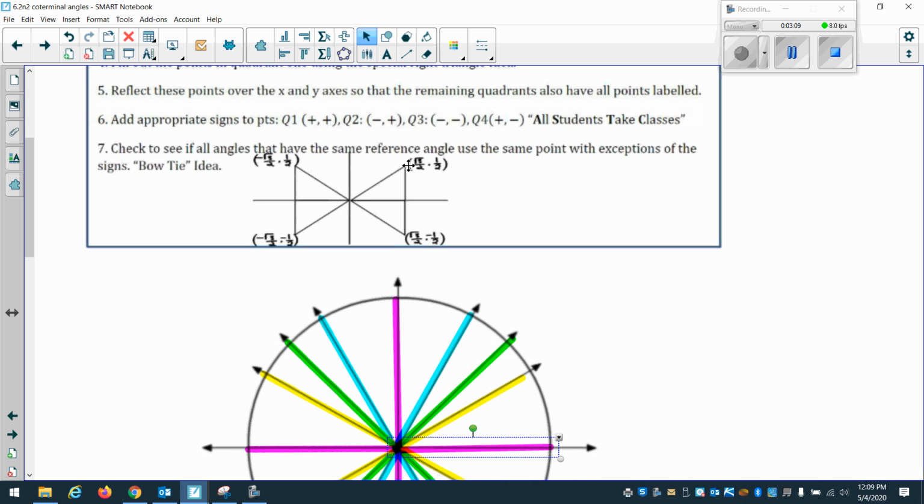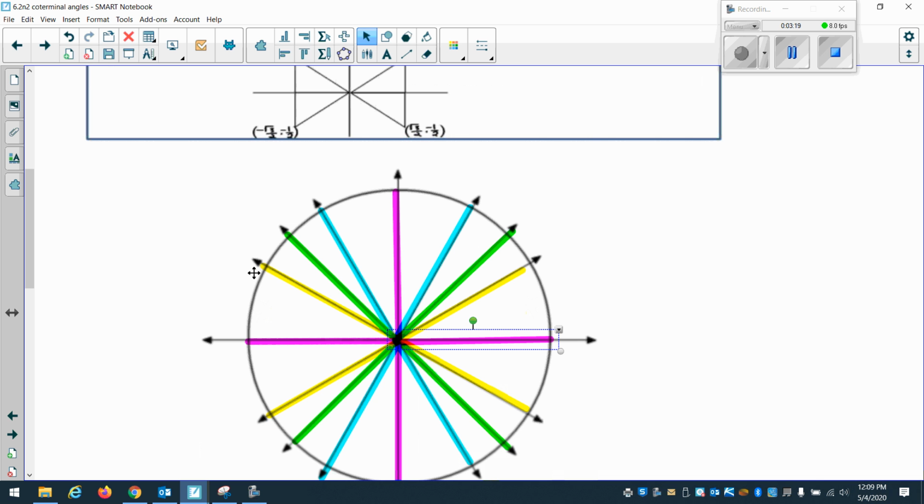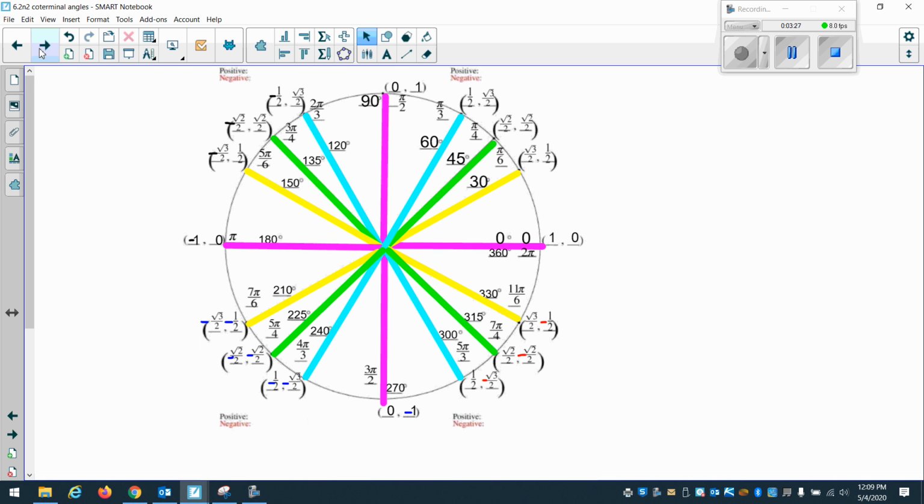So this is 30, this is 150, this is 210, and this is 330, creating a bow tie. Meaning, if I was to draw perpendicular lines around the yellows, then I would create a bow tie. And that's how you complete your unit circle. You keep your reference angles all together.